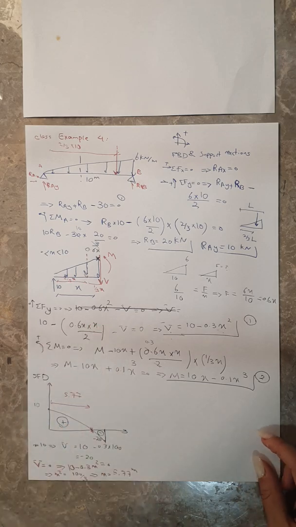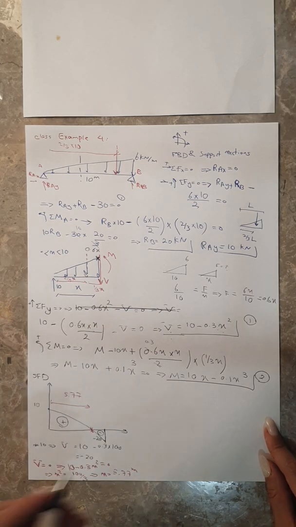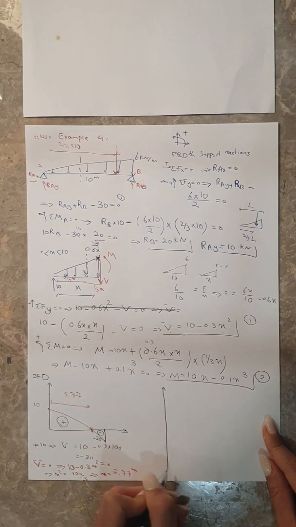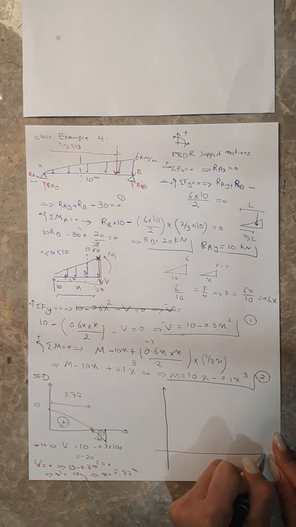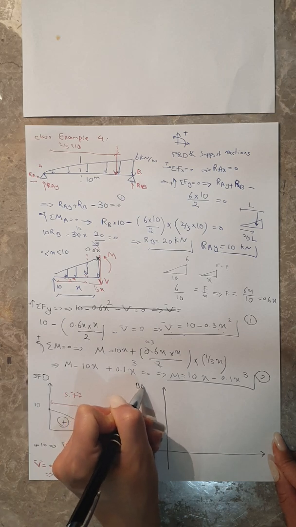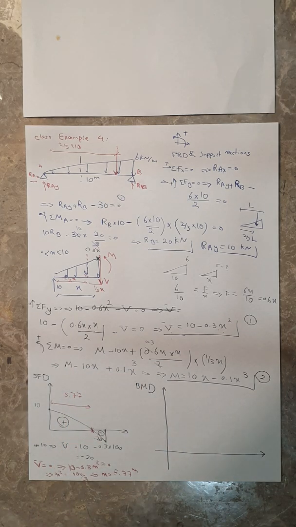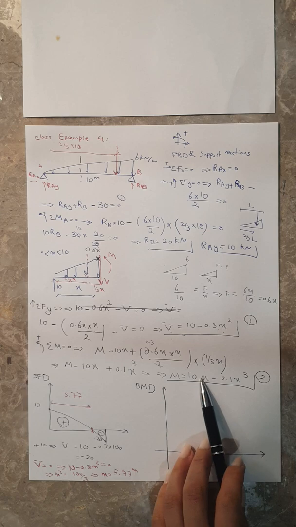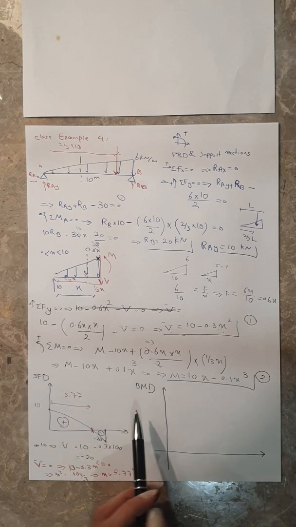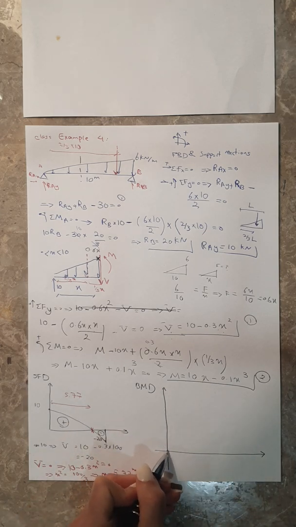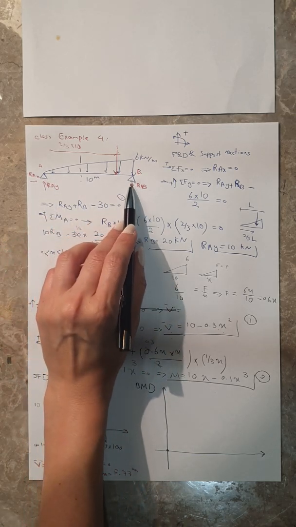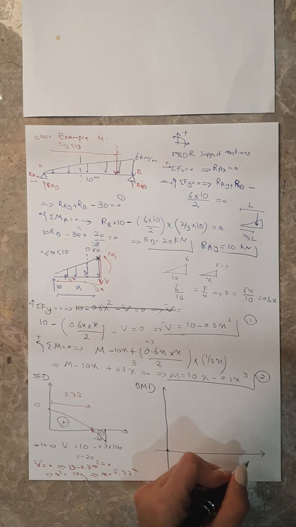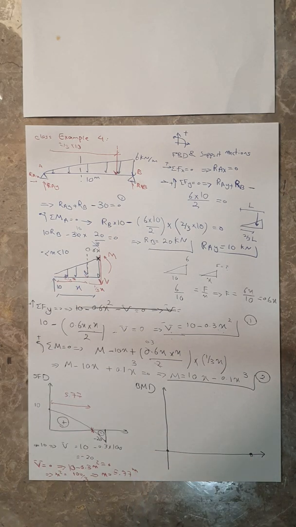Now I'm going to draw the bending moment diagram, which would also be very easy. Bending moment diagram, how to do that? Just use this equation. When x is 0, you're going to get your moment is 0. We already know that because we have the pin support here. We also have the roller support here. Therefore, the moment would also be equal to 0 here. What's the maximum moment?